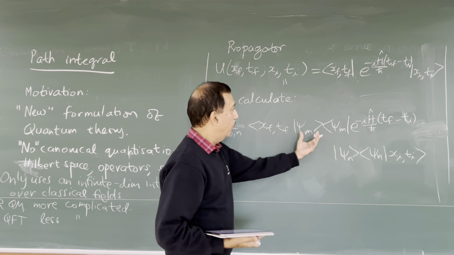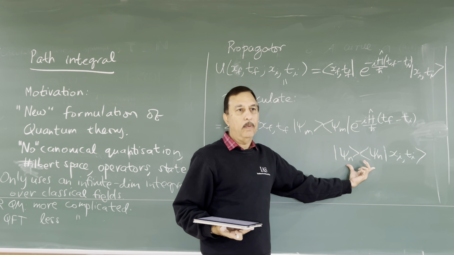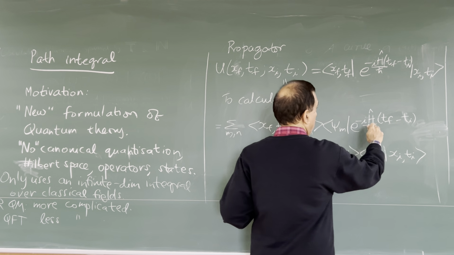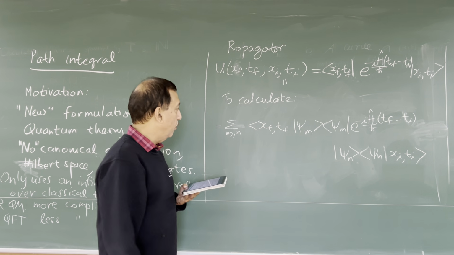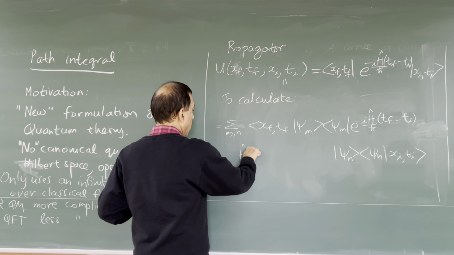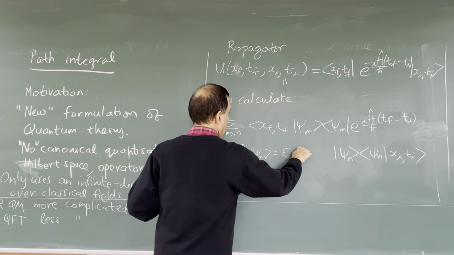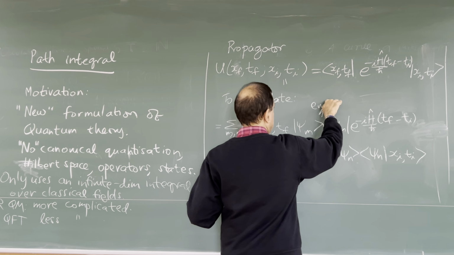So sum over m of this is 1 or identity operator, sum over n of this is identity operator, so I have done nothing. But now the matrix element I want is h between psi m and psi n. That's very good, because by definition h on psi m is em times psi m. So I've chosen these to be energy eigenstates.